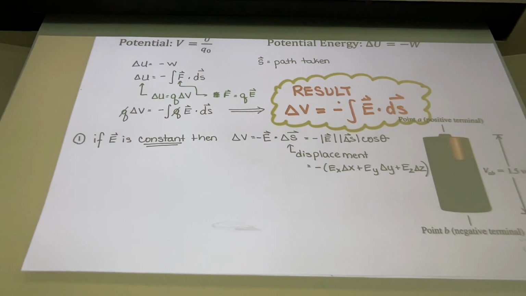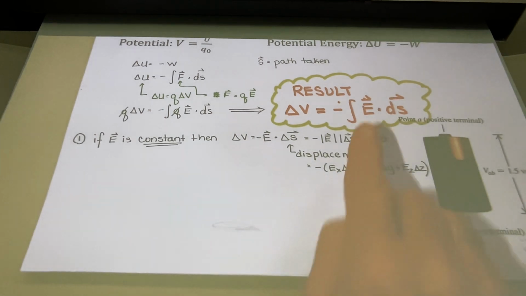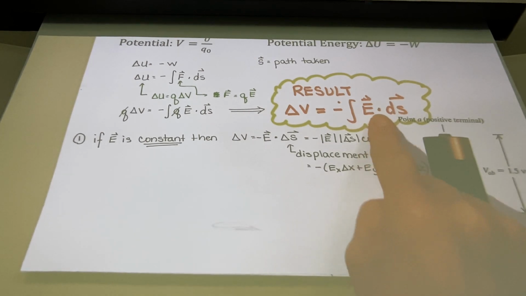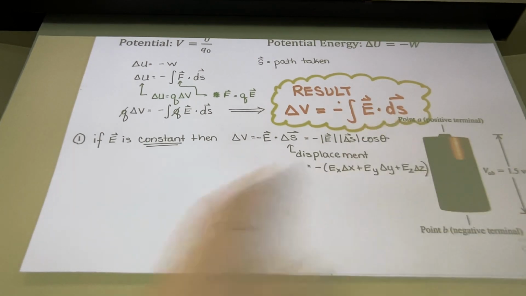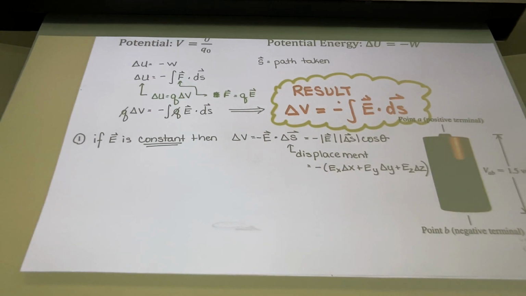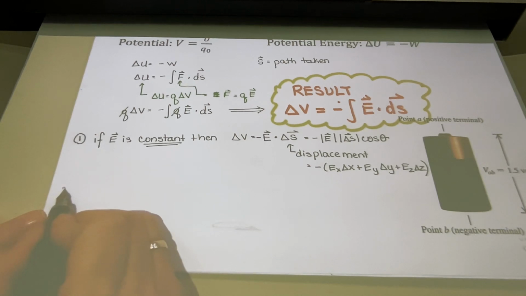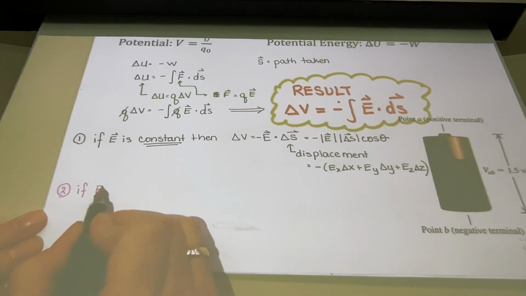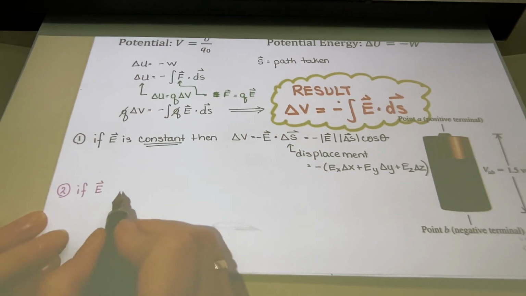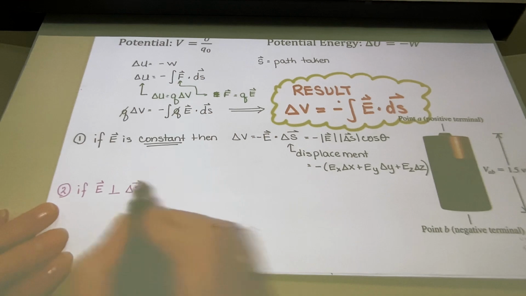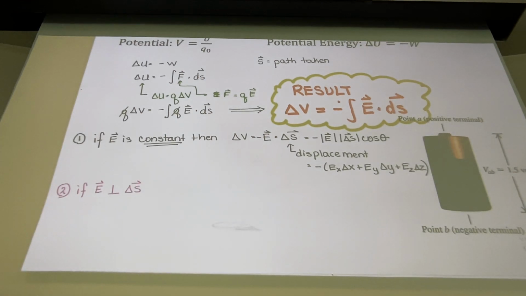Good at that level. Okay, points 2 and 3 probably are going to deal with the fact that we have a scalar product here, this dot product. So what if the electric field is perpendicular to the path? If E is perpendicular to delta S. I'm just using some shorthand in my writing.